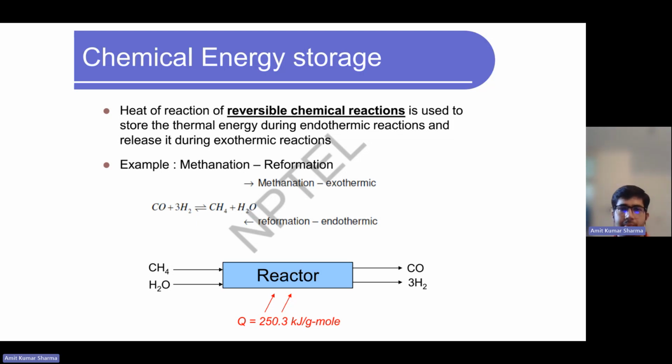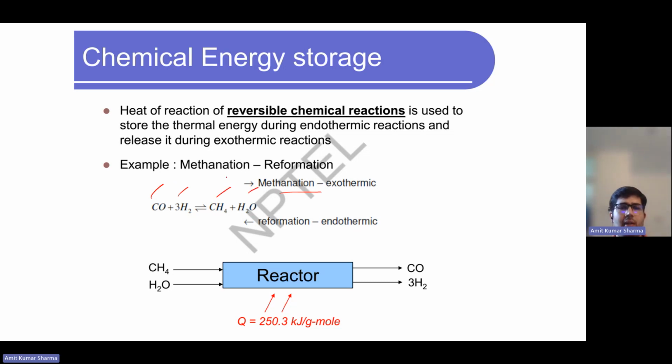There is a particular temperature above which the reaction happens, and if we go below that temperature, then the reverse of that reaction will happen. So it can go in both directions. Okay, so you can see the methanation and reformation reaction. The methanation is exothermic. So when CO plus 3H2 meet, they form CH4 and H2O.